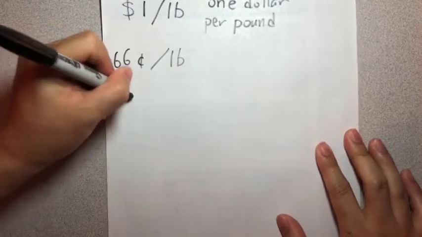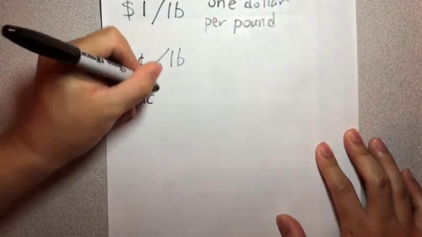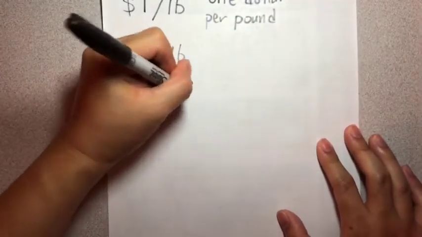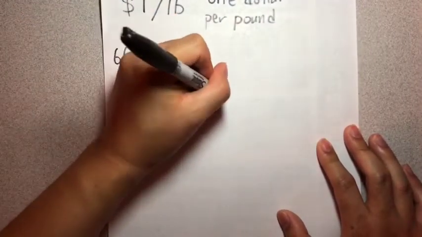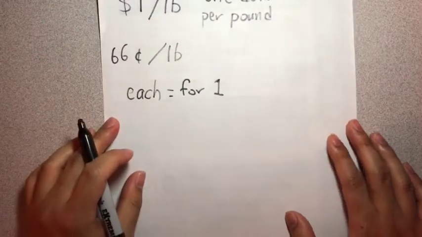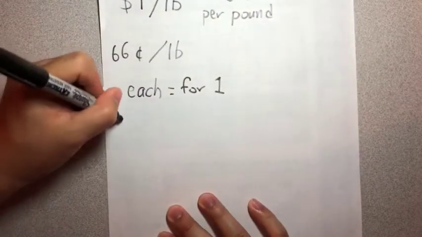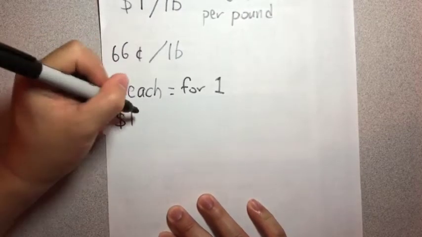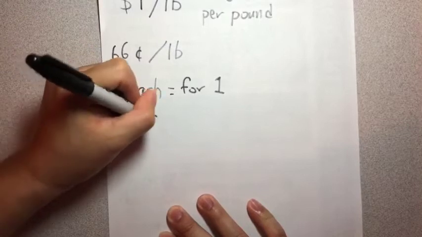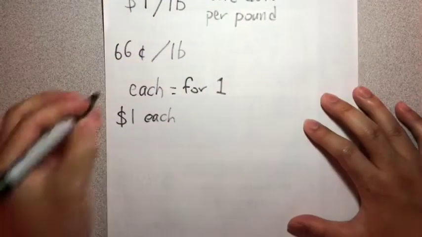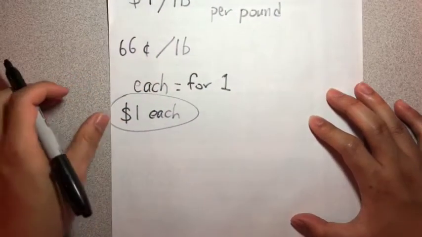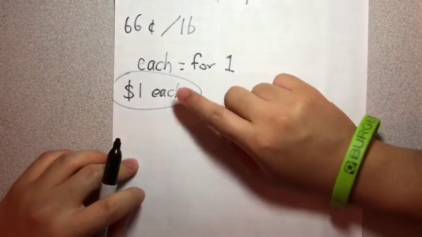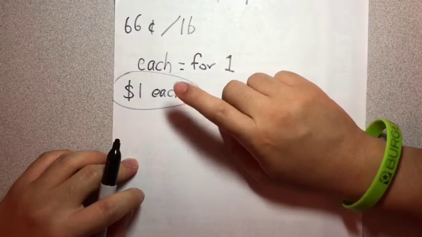Now let's talk about the word each. Each means for one. So if we have $1 each, if something costs $1 each, it means, let's say this is an onion.